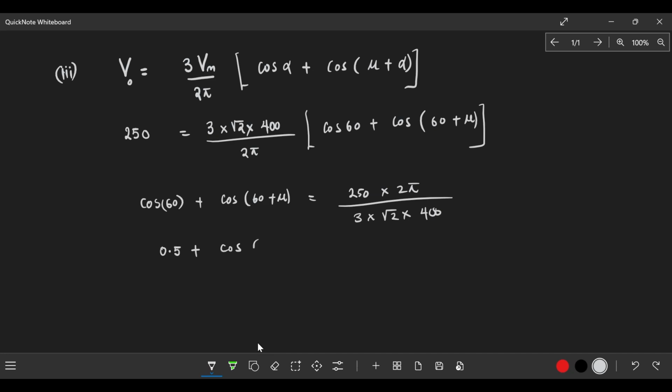And then cosine of 60 plus mu is equal to 250 times 2 pi divided by 3 times root 2 times 400. This side I'm getting is 0.925, and then I'm going to subtract 0.5.